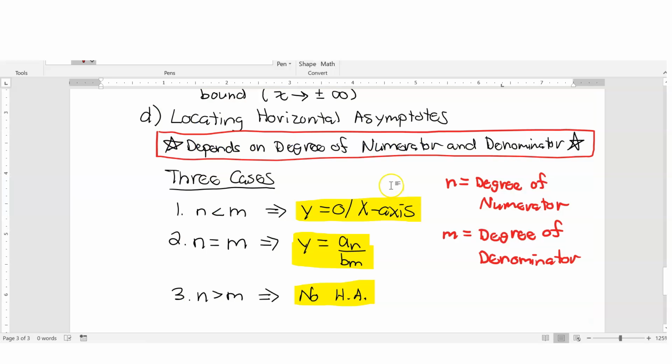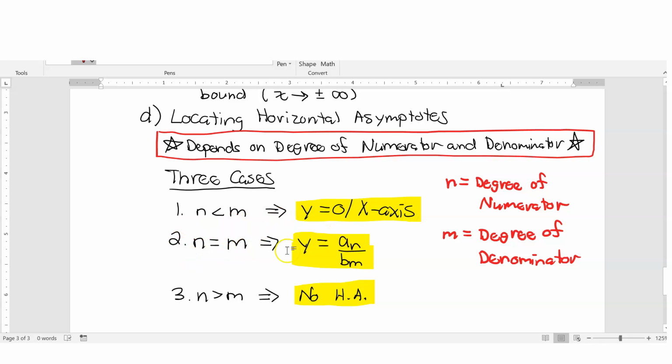How do we locate horizontal asymptotes? Well, it depends on the degree of the numerator and denominator functions that make up the rational function. And so n will be the degree of our numerator, m is the degree of the denominator. And depending on those values and how they relate to each other, there are three cases. If n is less than m, the degree of the numerator is less than the denominator, then y equals 0, the x-axis, will be your horizontal asymptote.